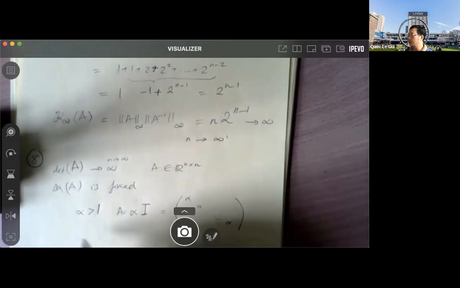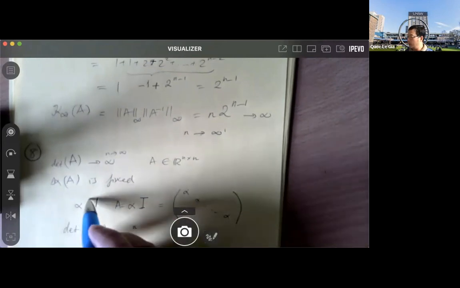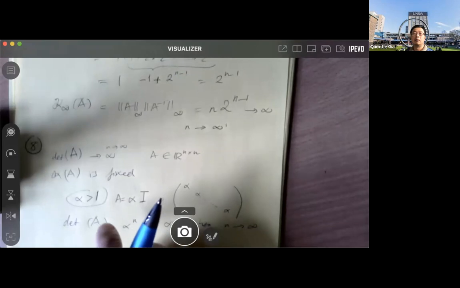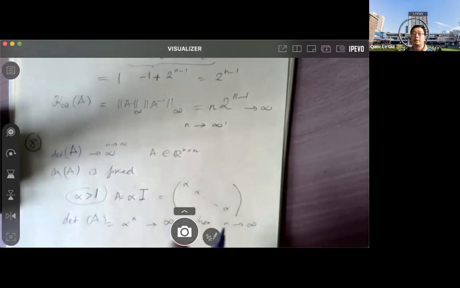Then the determinant of A is just alpha to the n. So remember alpha is bigger than 1. So then this one can go to infinity when n goes to infinity.